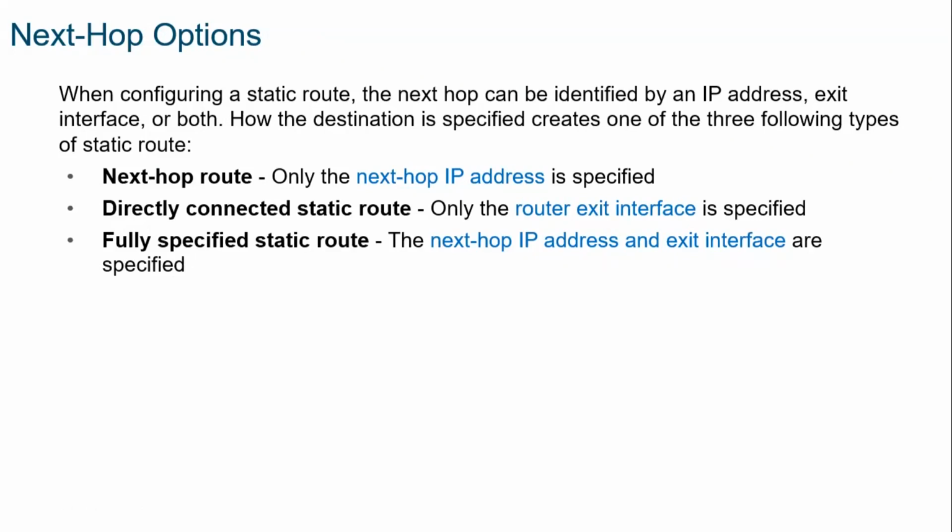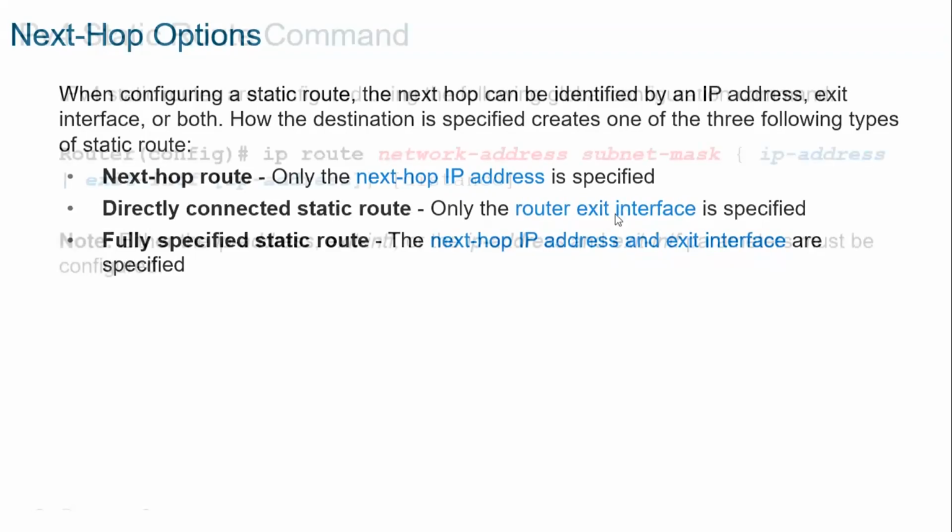So if we call it the next hop static route, we need the next hop IP address to be specified. If we call it the directly connected static route, you need the exit interface to be specified. If it is called fully specified static route, you need both the next hop IP address and the exit interface to be specified in the configuration.